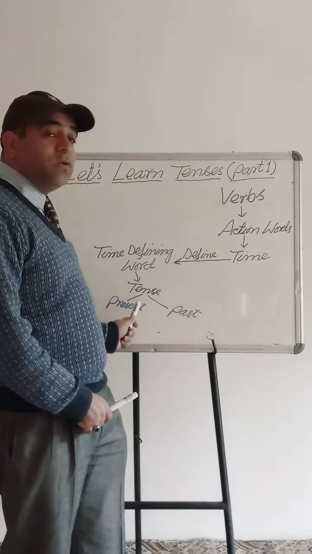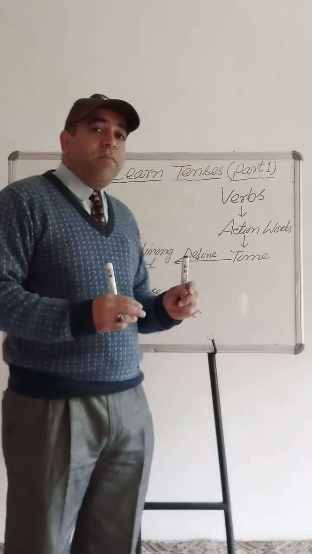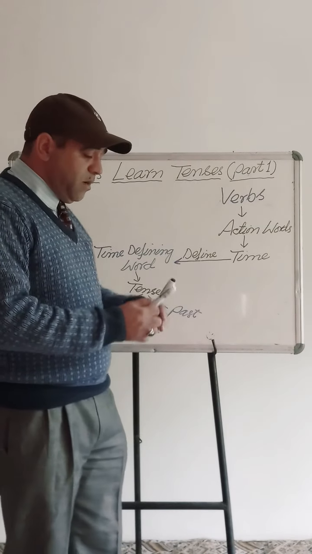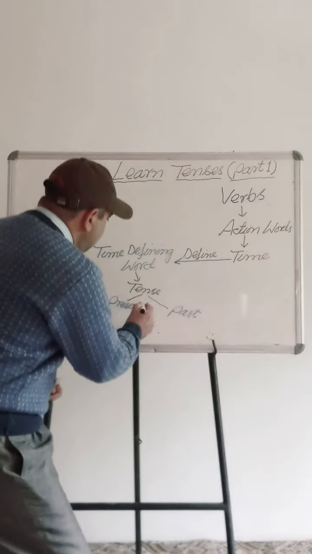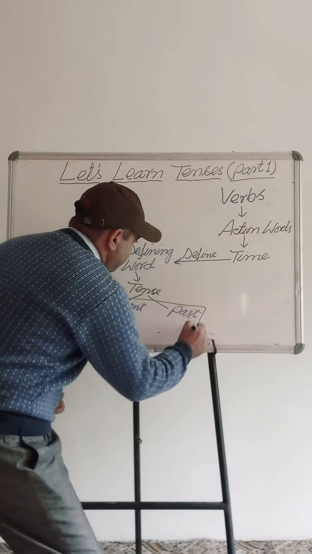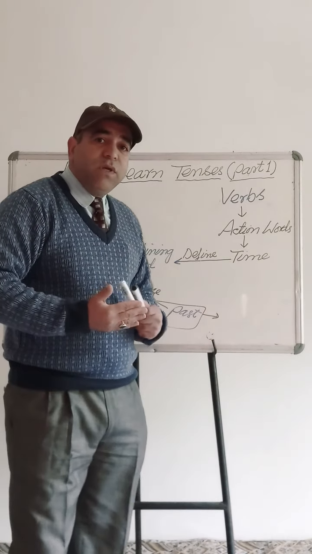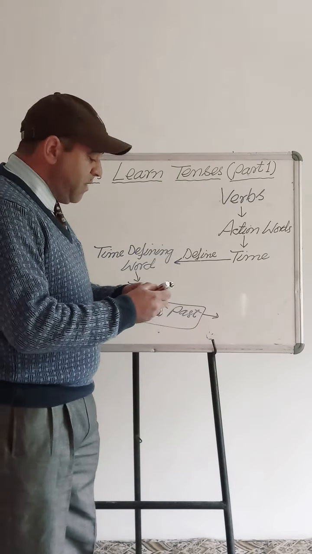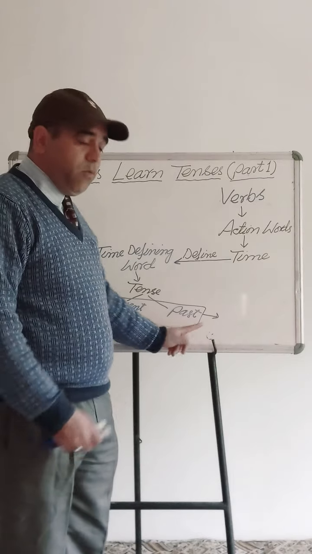It demands tools. What grammarians do, they provided two tools, present form and past form, but it demands two more tools. So grammarians derive two more tools, two more forms from the existing ones, that means from the present form and past form.